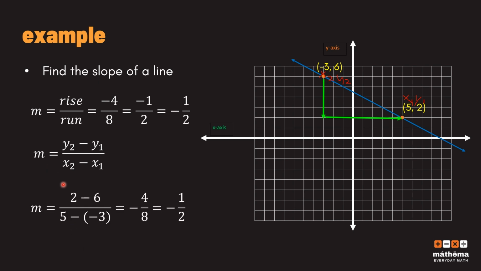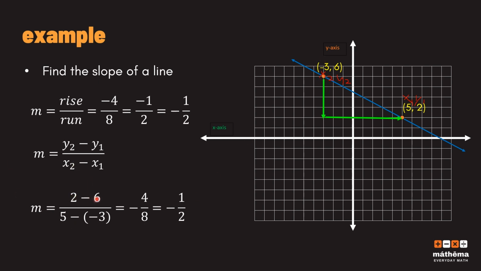So I let my 2 as our y sub 2, and then minus y sub 1, which is again 6, over x sub 2, which is 5, and then minus negative 3.